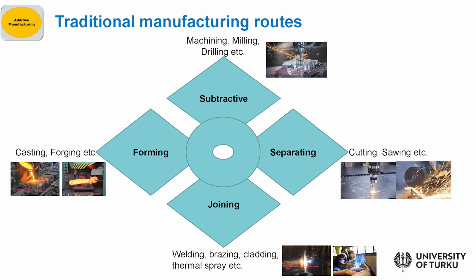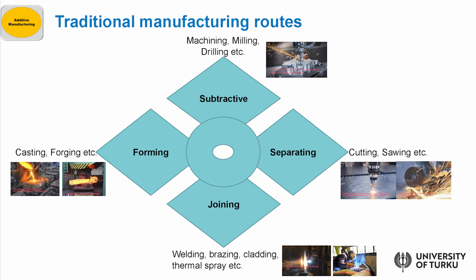Before that, let's try to get familiar with the traditional manufacturing routes that we experienced so far. If we divide the traditional manufacturing routes, then we can divide them into 4 categories. The first one is subtractive manufacturing, for example, machining, drilling, milling.